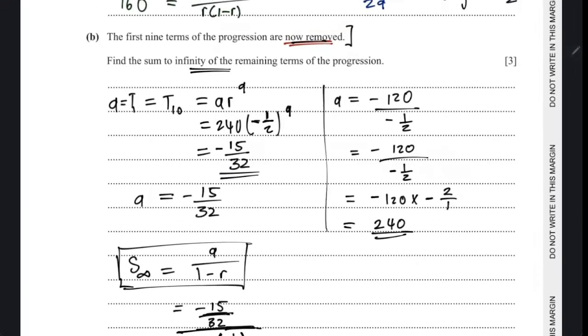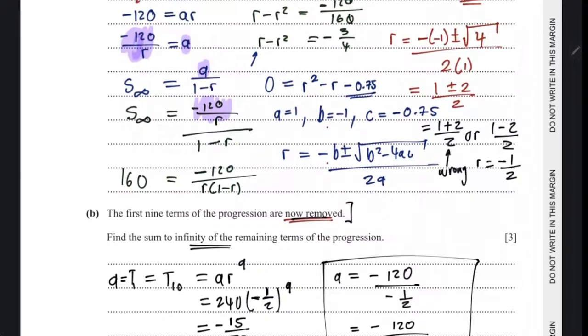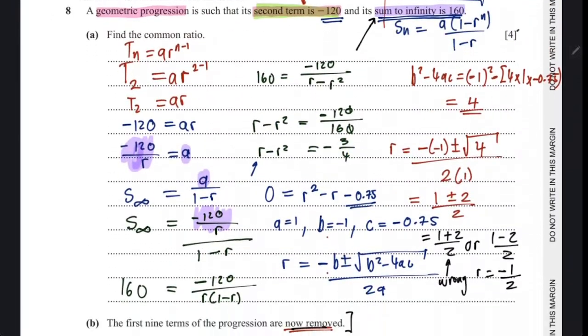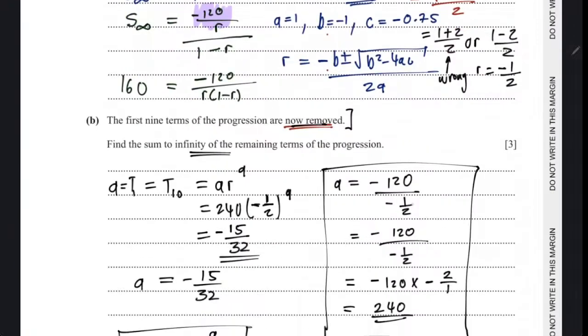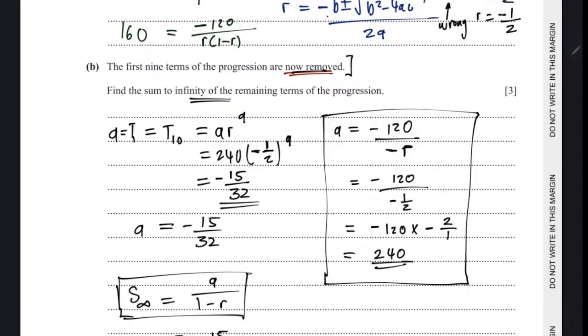And make sure you know your A because you are not given, okay? And you know your A by using the formula which is there here. Negative 120 over R. So you show it by this, then you find your A. And this is the old A, okay?